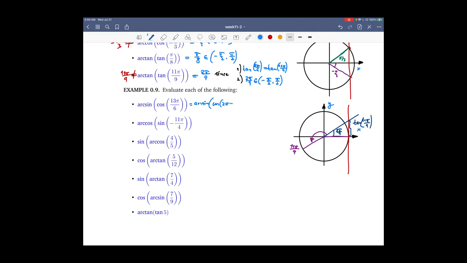Of course, the leftover is pi over 6. Now, cosine is a 2 pi periodic function, so cosine of 2 pi plus pi over 6 is simply cosine of pi over 6. And cosine of pi over 6 we know is root 3 over 2. And our arcsine of root 3 over 2 we know is pi over 3.